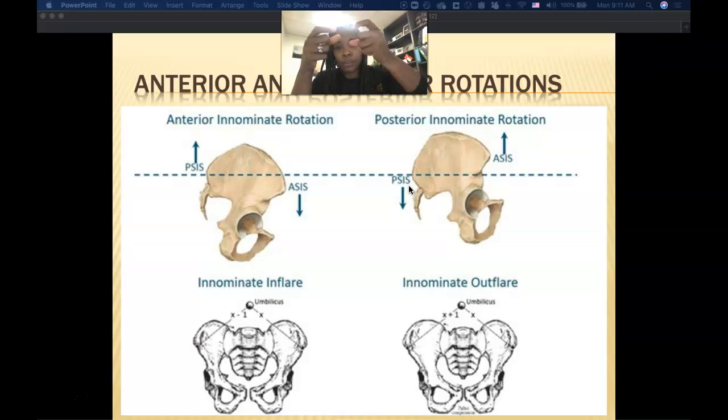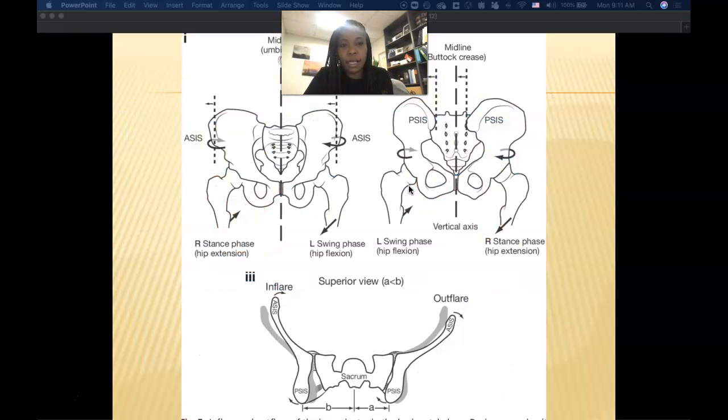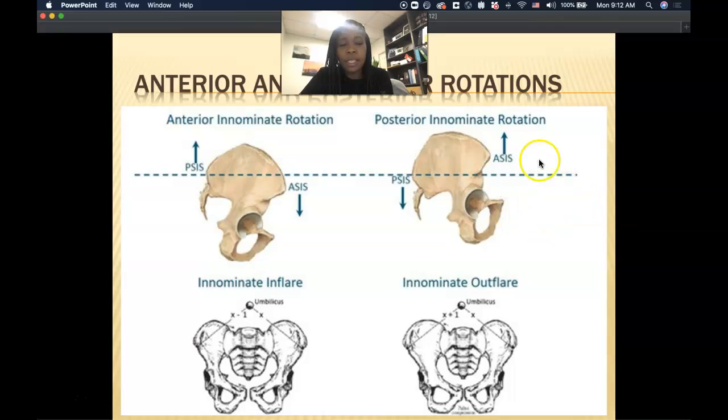The innominate bone being driven inferiorly. But you certainly could have the case where the rectus abdominis or the abdominal muscles are extremely taut, and then they tug on that ASIS and pull it superiorly, causing an inferior drop of the PSIS, right?